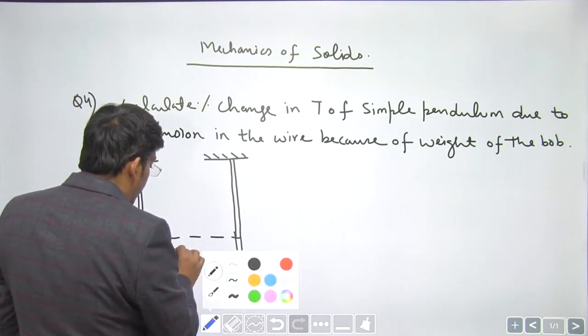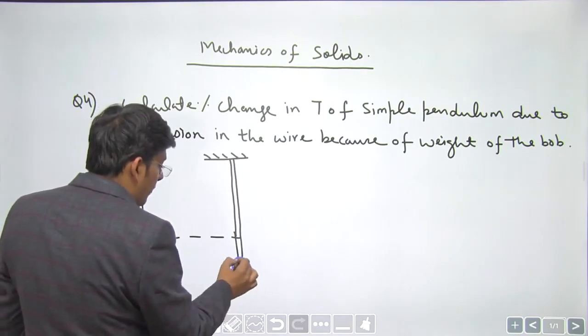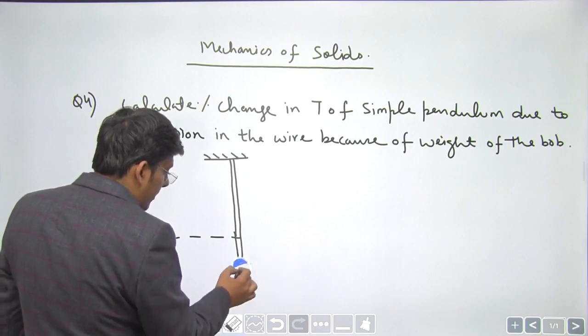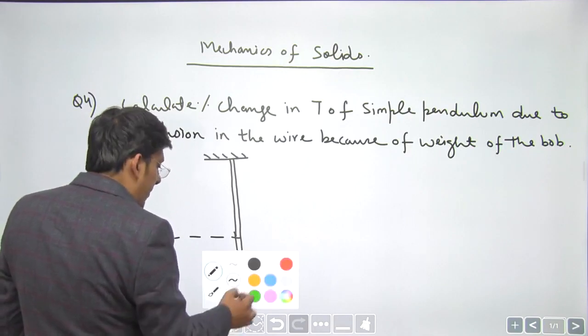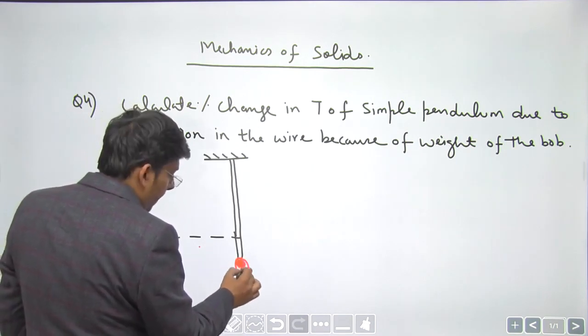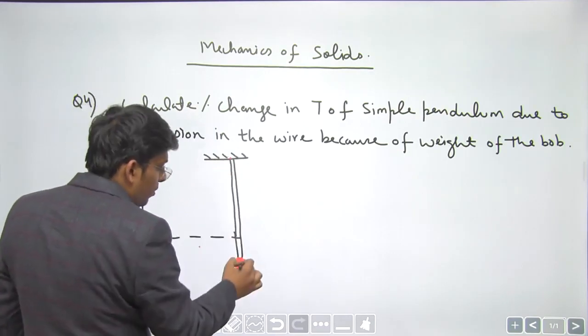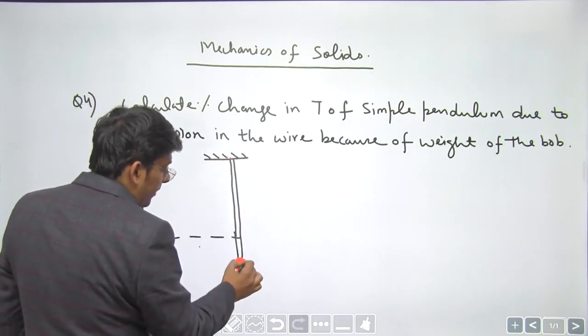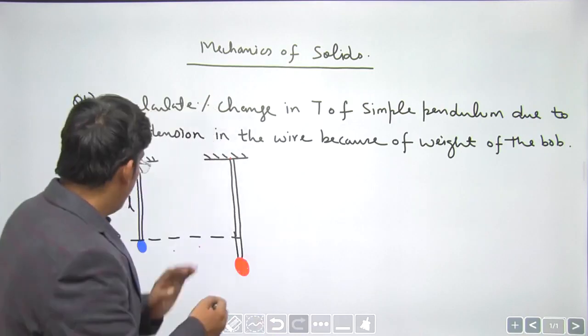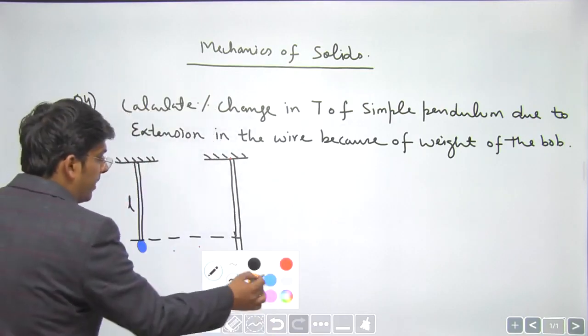Don't consider the size of the bob, because actually the length of the pendulum, let us consider that we have placed a bob of a different material, not of different size. Actually, we take the length of the pendulum from the point of suspension to the center of mass of the bob. If the size of the bob changes, that also will affect the time period of the pendulum. So let us not consider the change in size of the bob.